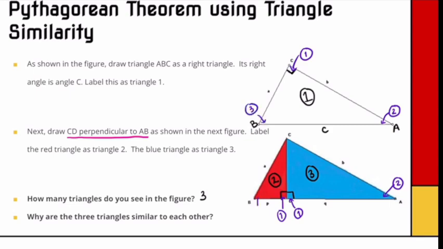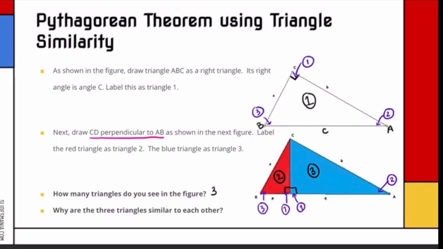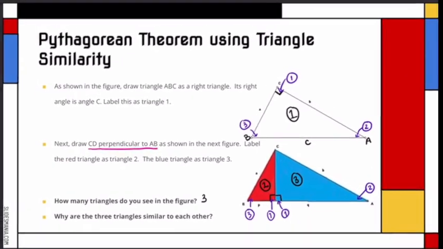So we'll call this angle 3. In the red triangle, we have the right angle, which is the first angle, and angle B, which is the second angle they have in common. So those 3 triangles are all similar to each other because they all have 2 angles in common.